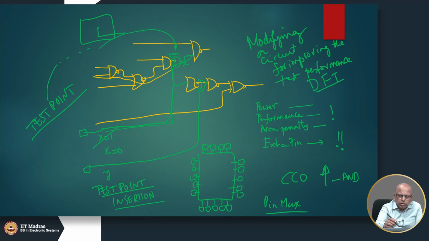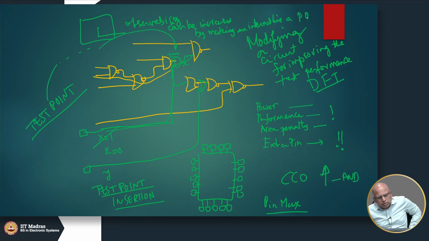So, observability can be increased by making an internal line a primary output. Normally there is no advantage in observing that line directly.